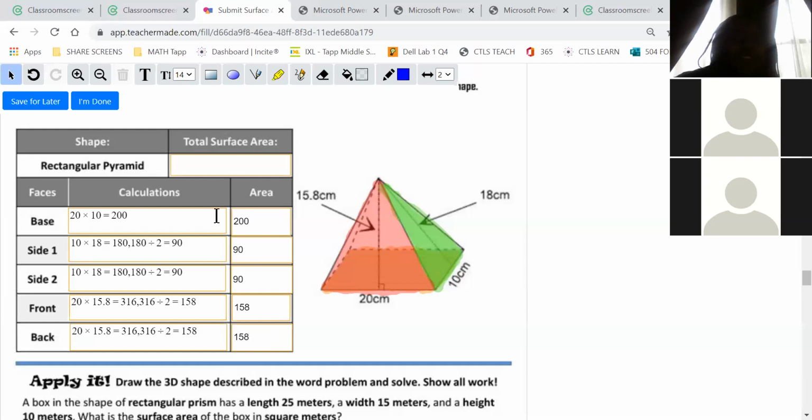So now I need to get the total surface area. I'm going to add my 200 plus 90 plus 90 plus 316, because it's 158 plus 158, and I get a total of 696.